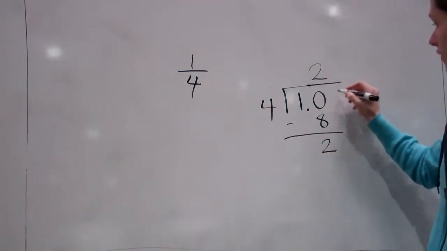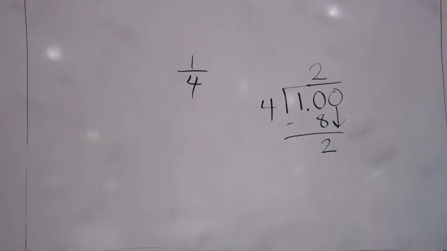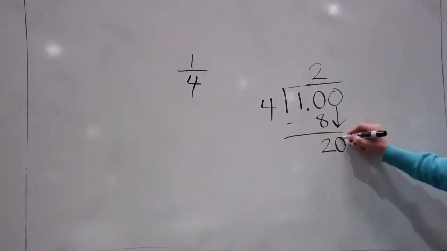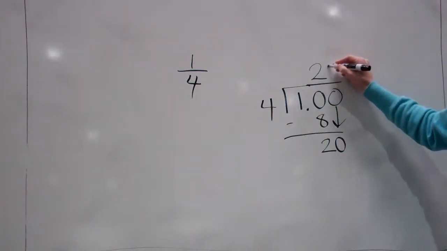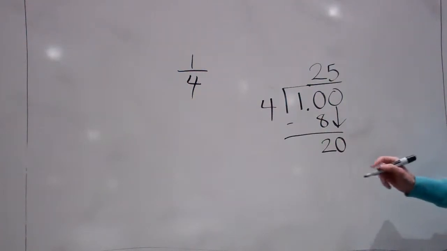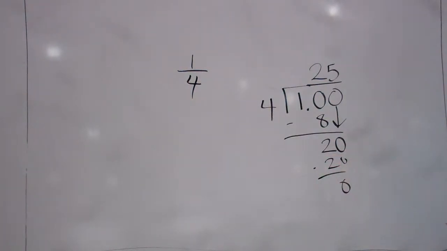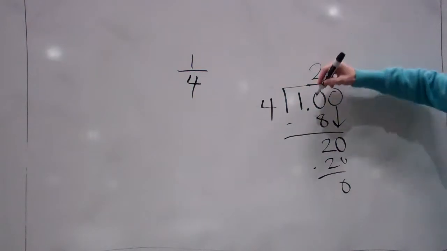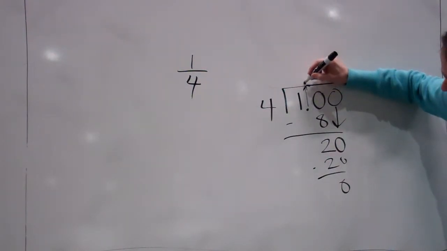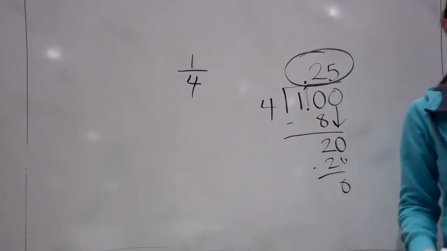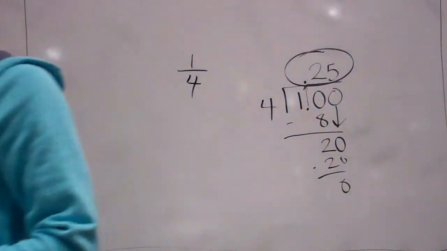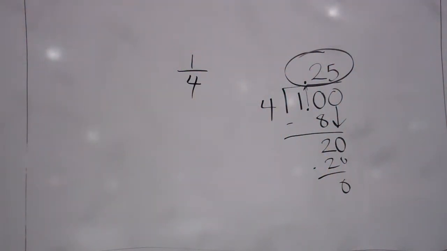I'll get 2 left over, add another impending 0. Okay, bring it down. 4 goes into 20, 5 times. And then that brings us to where it ends. So my answer, I would move my decimal up. My answer would be 0.25. Okay? Or 25 hundredths. Everybody understand how you did that?